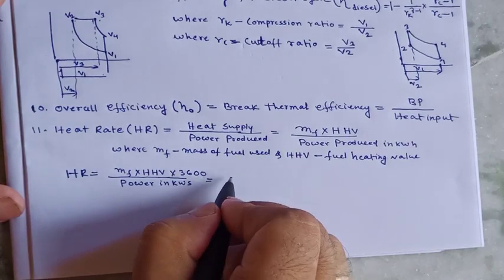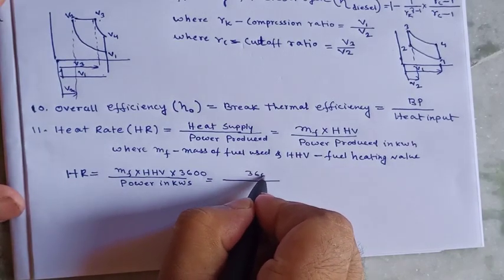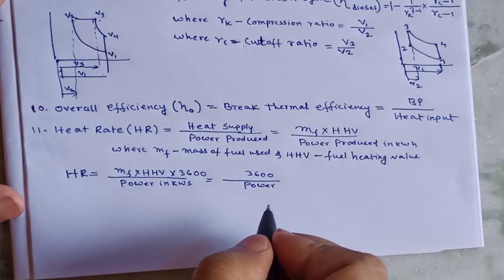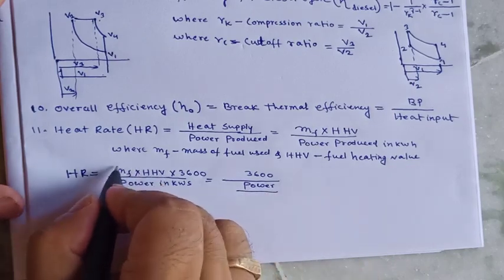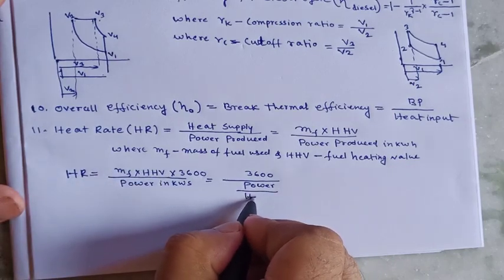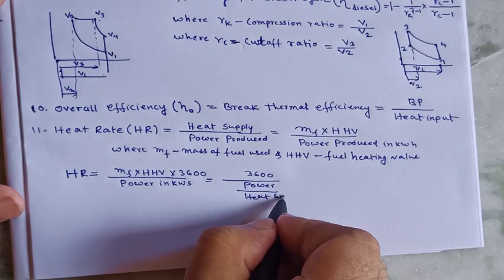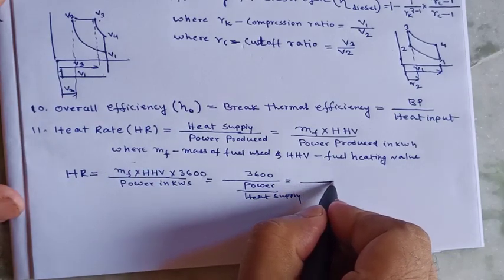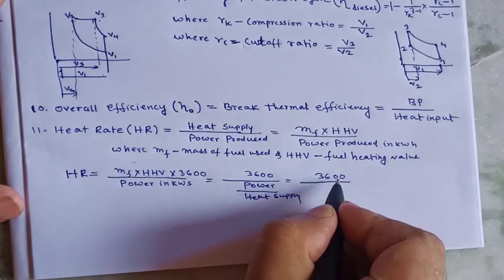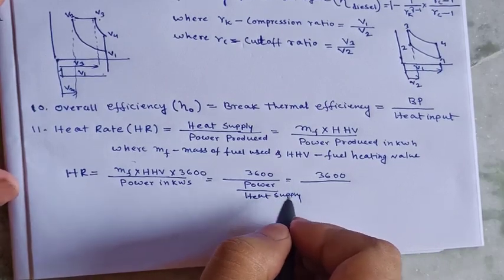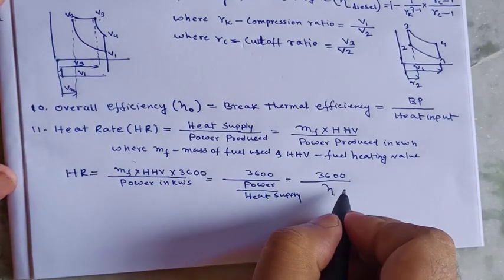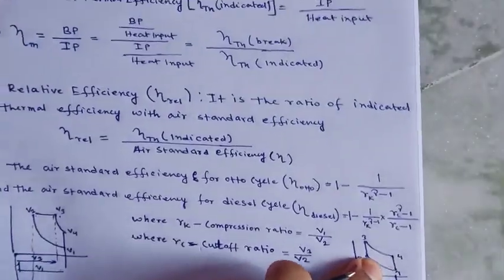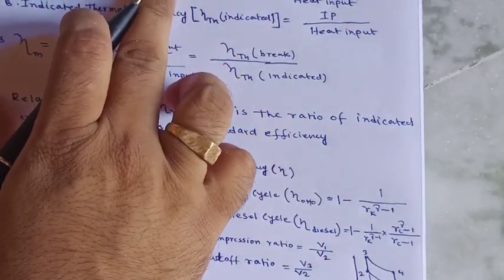So I can write this equals 3600 divided by power by heat supply.